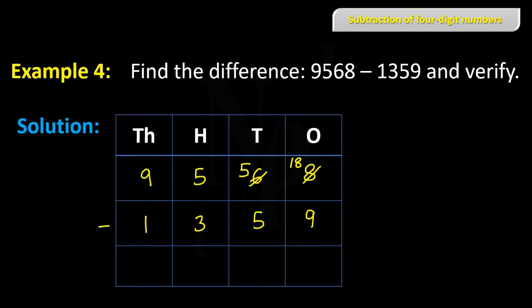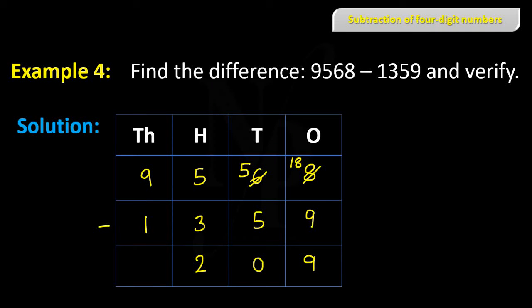Subtracting 9 ones from 18 ones is equal to 9 ones. 18 minus 9 is 9. And here 5 minus 5 is equal to 0. 5 tens minus 5 tens. Coming to hundreds column, here we have 5 hundreds minus 3 hundreds. 5 hundreds minus 3 hundreds is 2 hundreds.